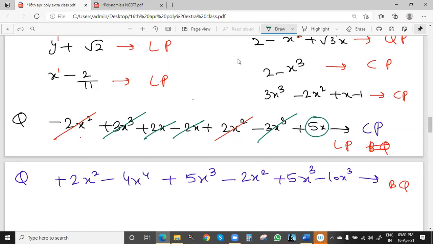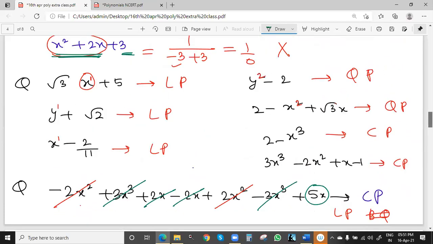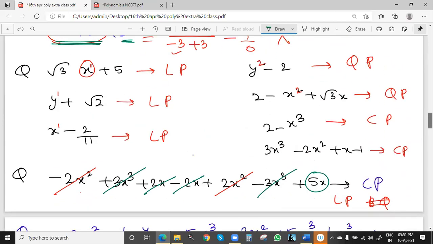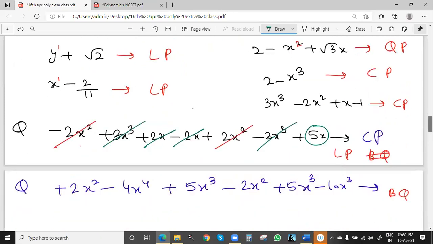The remaining value is 5x only. So we always have to simplify the equation. The earlier questions were already in simplified form, so directly we could mention the type of polynomial. Here we have to simplify the equation. Ultimately we have 5x, which is x to the power 1. So degree 1, linear polynomial, correct.